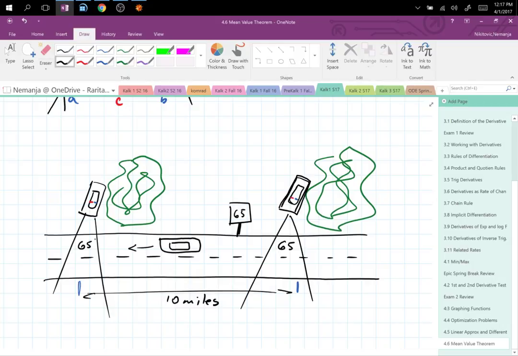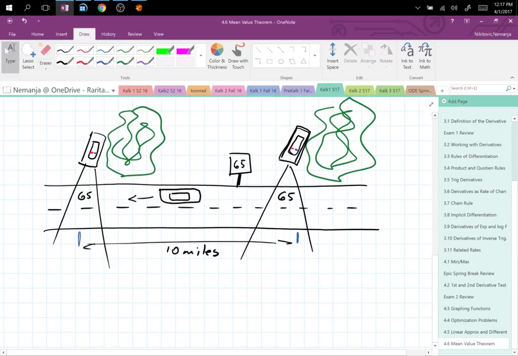And then within a month, you get a ticket in the mail. And you go, what the hell? I drove 65 through both. I know, right? But now cops do calculus too. I don't mean calculus 2, I mean calculus with 2 O's. Not with the W.